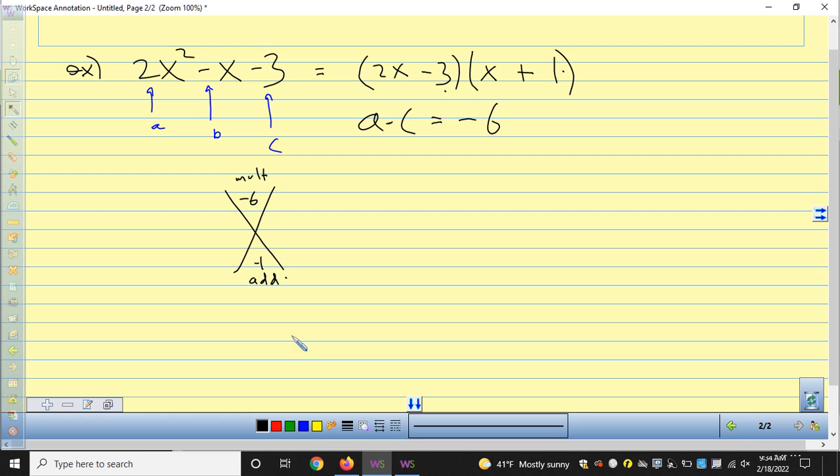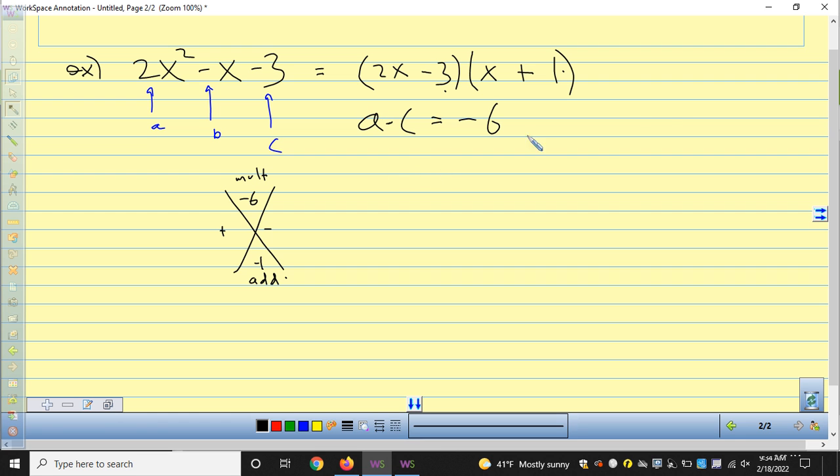So now we need two numbers that multiply to negative 6 and add to negative 1. And the only way I get a negative when I multiply two numbers together is one needs to be positive and one needs to be negative. So we just have to figure out which ones work to add to negative 1.